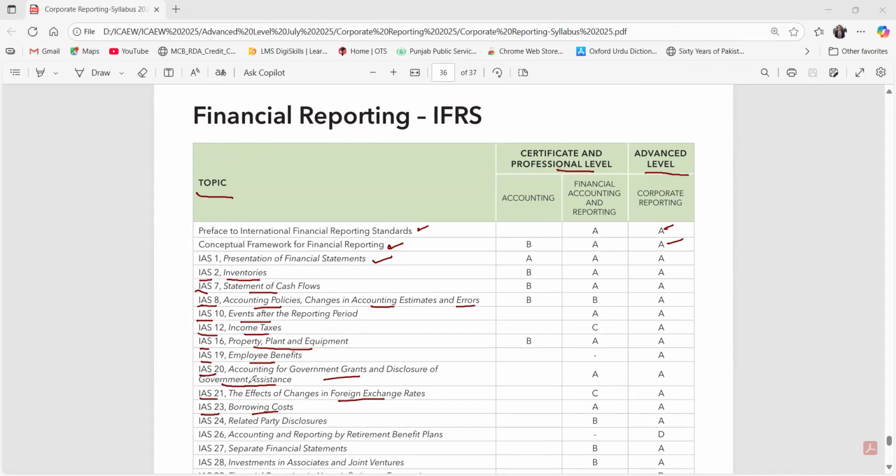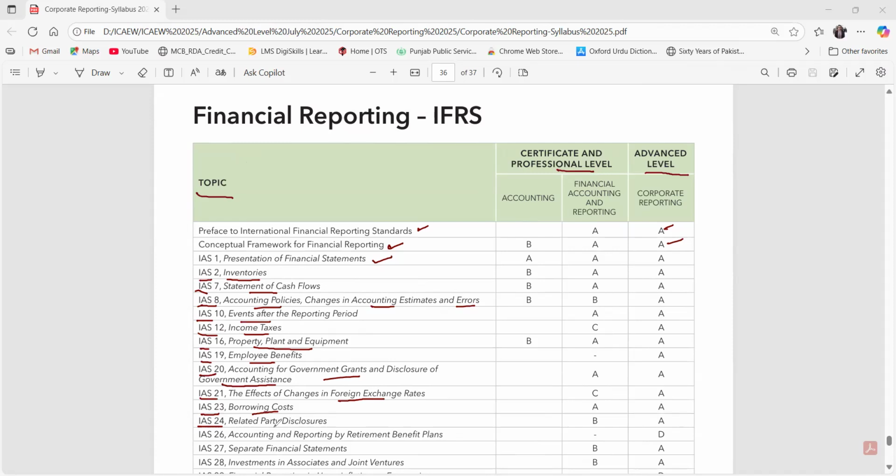So there is the capitalization criteria defined by IAS 23. If your asset meets that criteria, if your loan meets that criteria, then you can record your finance cost as a part of an asset. Otherwise, it would be expensed out in your P&L statement.